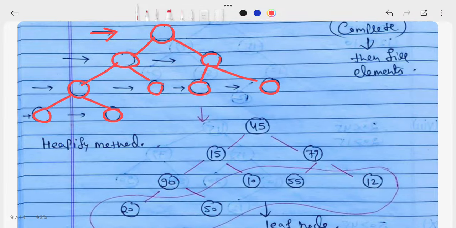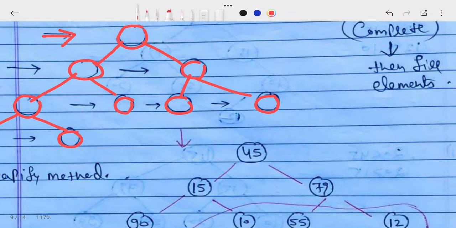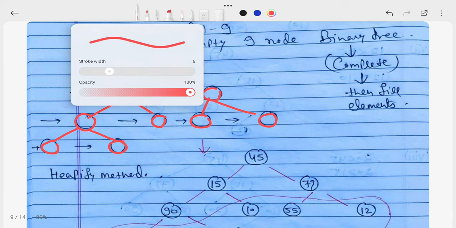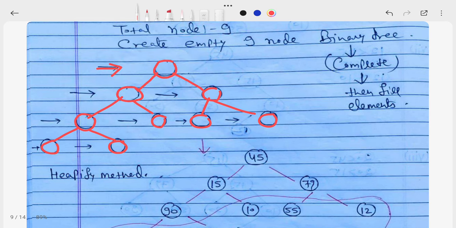Okay, suppose you have some data: 5, 9, 6, 2 and 3.